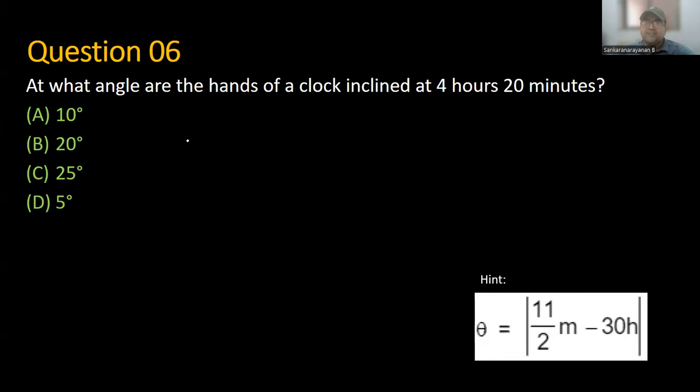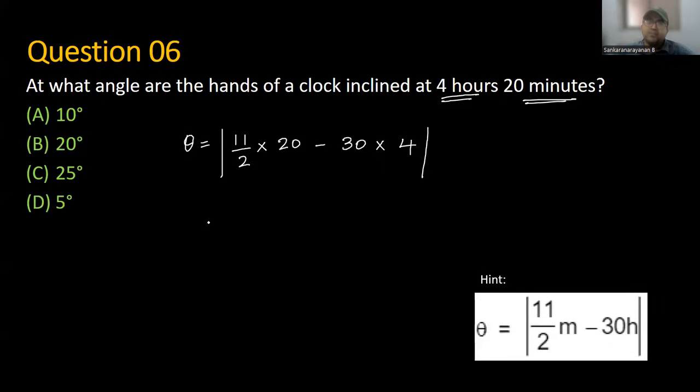We can apply that formula here directly. Theta corresponds to 11/2 into, instead of m, you can substitute 20, minus 30h. Instead of h, you can put 4.